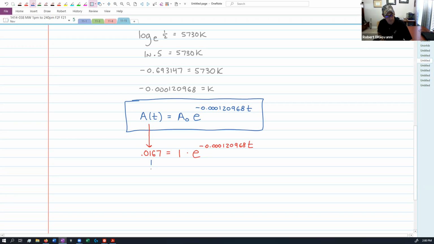So this is key. I hope this is where you ask questions, okay? 1.67% is what we found in the bone. This right here represents the 100% because when something is alive, it has all of its carbon-14. So in the initial time, when T is 0, that's when the thing dies, it should have 100%, and then everything starts going down after that. If we have that equation, we can solve for T now.